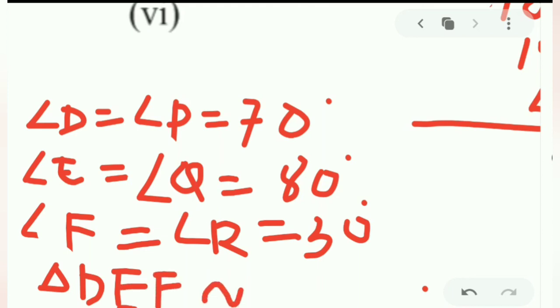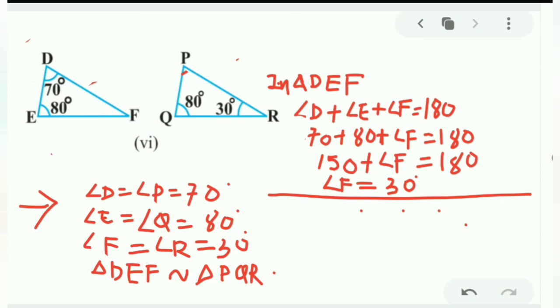And according to which criterion? I have matched all the angles, so I will write the criterion as angle, angle, angle.